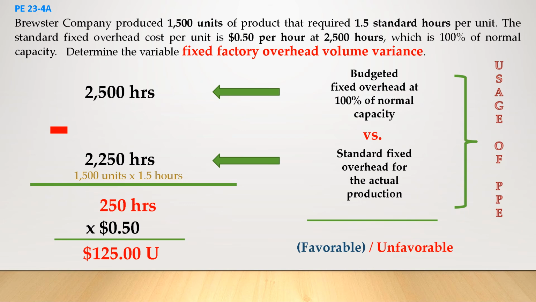$125,000. So how do we get the standard fixed overhead of 2,250? It is simply multiplying 1,500 units by 1.5 standard hours. So as you can see, the standard fixed overhead for the actual production is less than the budgeted fixed overhead at 100% of normal capacity.